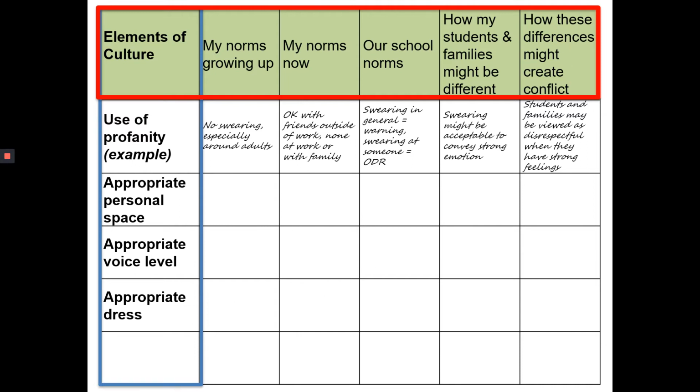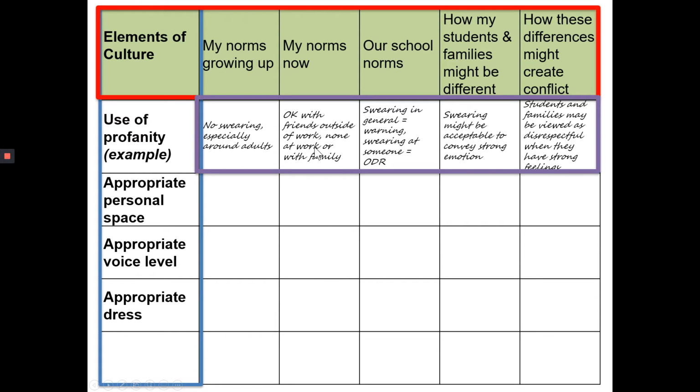Let me give you an example for myself of how this would look for me. I'll give you one example, the first row there, using profanity. Growing up for me, profanity around adults was definitely not okay. Swearing was definitely not okay, especially with my parents.